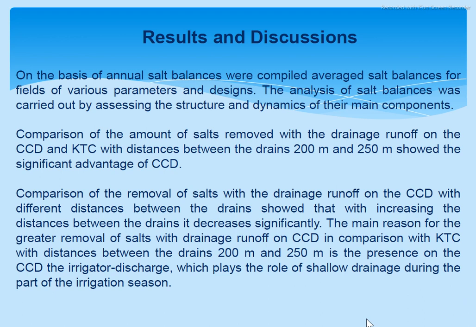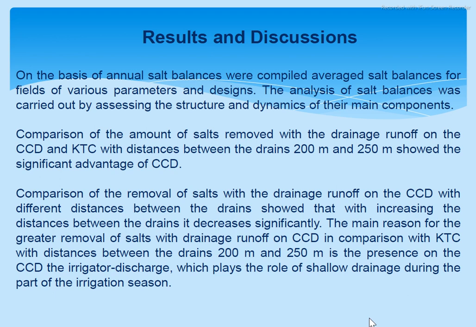Comparison of the amount of salts removed with drainage runoff on the cart check with drainage and Krasnodar-type cart with distances between the drains of 200 meters and 250 meters showed a significant advantage of the cart check with drainage.